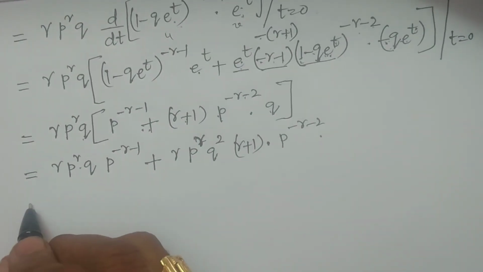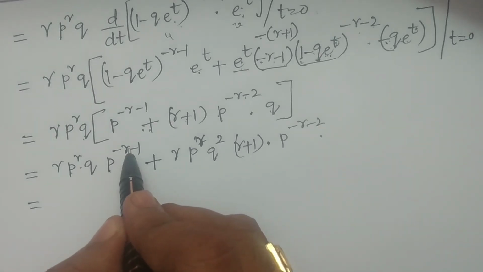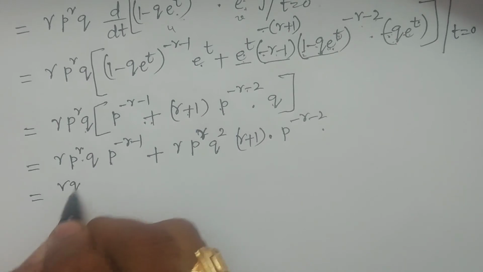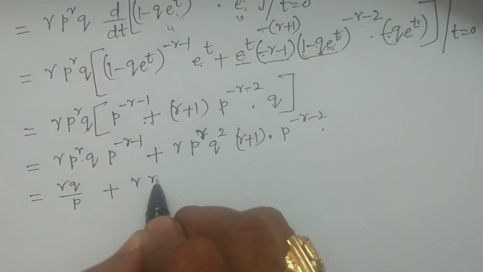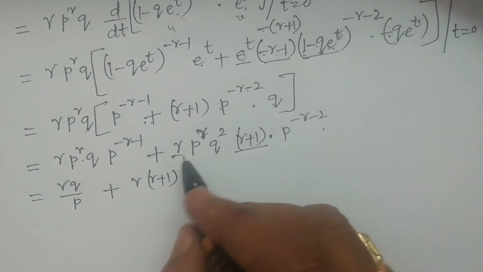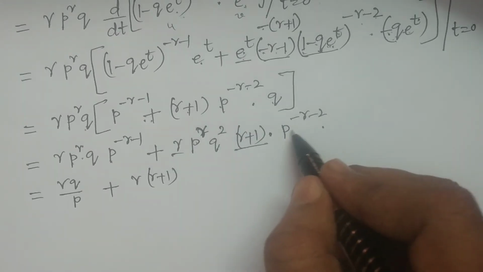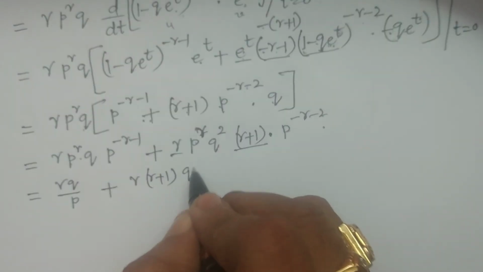So therefore p power r and p power minus r get cancelled, and p power minus 1 is 1 by p, so r into q by p is the first one, plus r into r plus 1 into the constants, and p power r, p power minus r get cancelled, and q square here, p power minus 2 here. If you take it in the denominator, it is q square by p square.